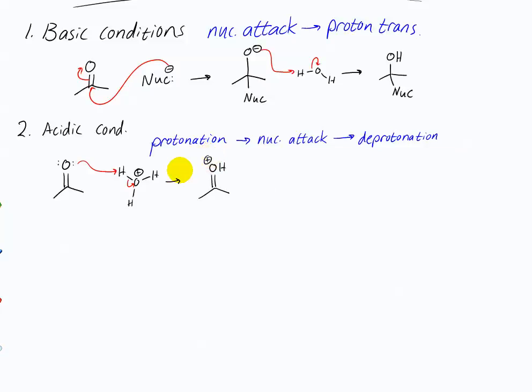Then we'll see the nucleophilic attack by whatever nucleophile, in this case maybe still the water. And notice that attack still looks the same. Then you have your tetrahedral product.